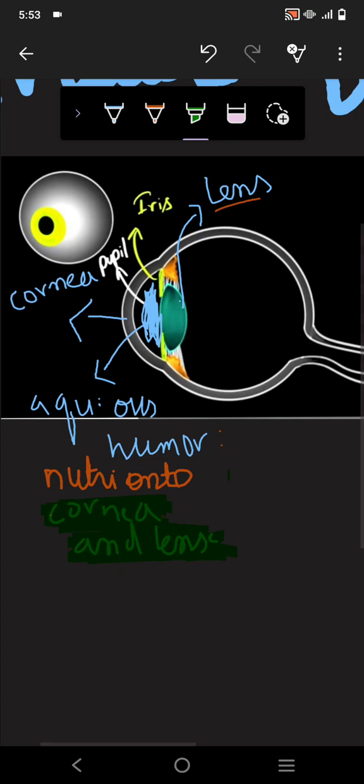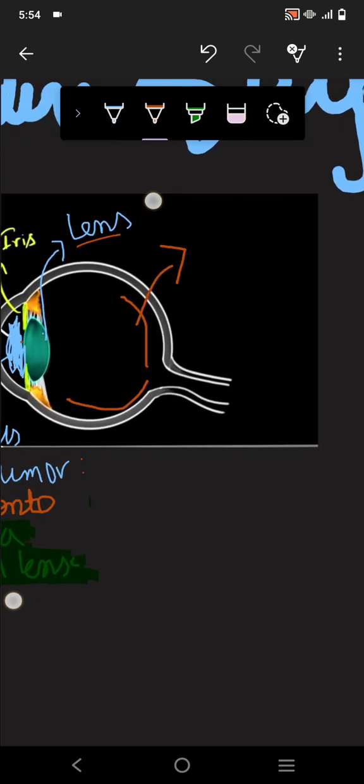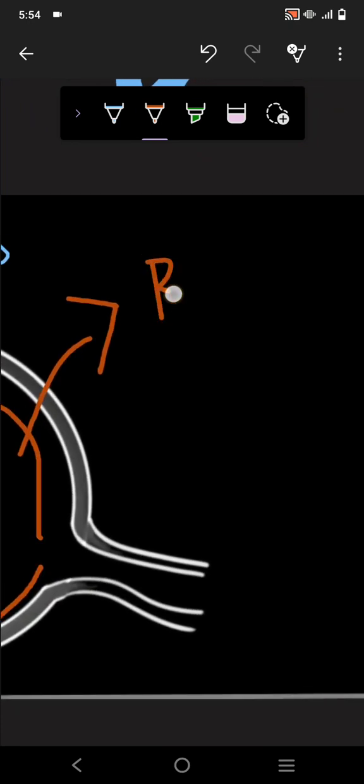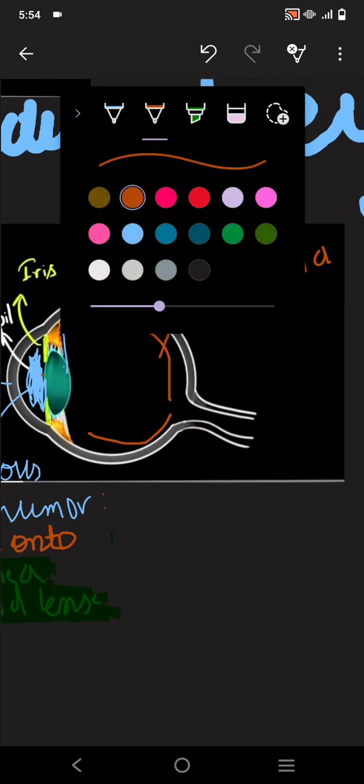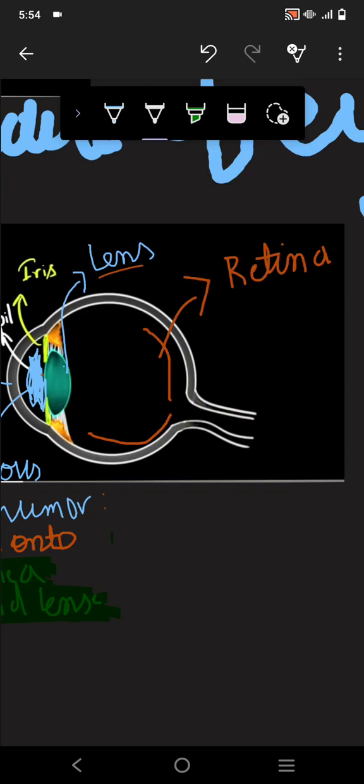Now the light rays will come to the pupil and go through, and here an image will be formed. This part is known as the retina. Here the fibers are present, known as optic fibers.